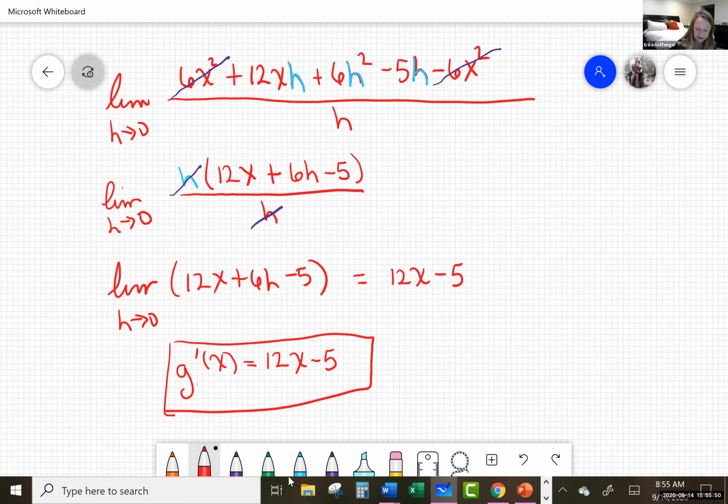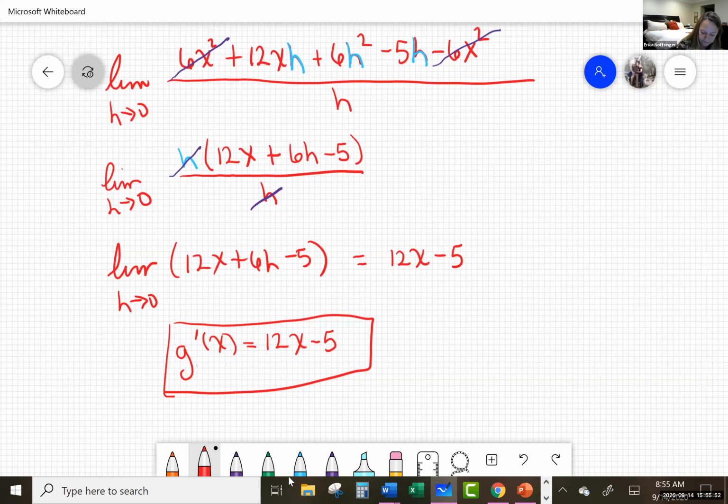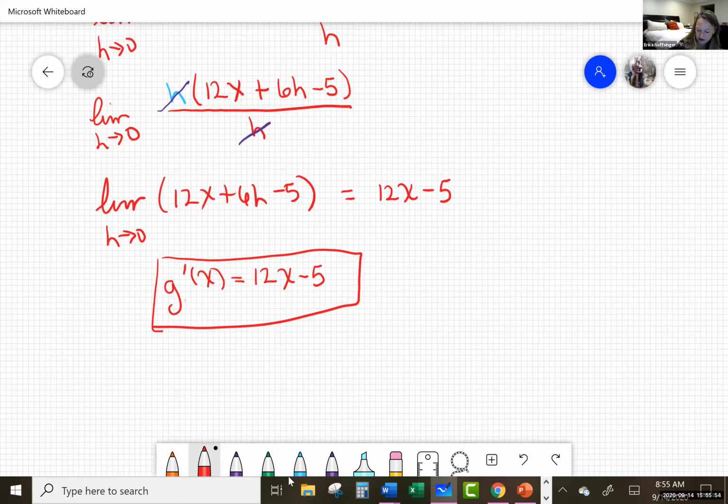So now we can find the derivative anywhere on that function g of x. If we wanted to find g prime of -1, all we would have to do is go in here, wherever we saw an x in g prime of x, we would plug in -1.